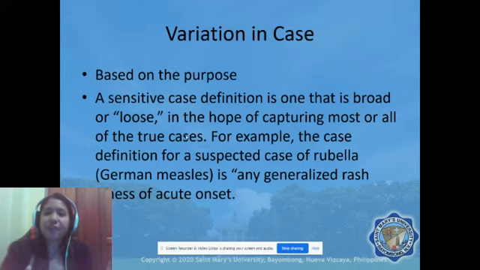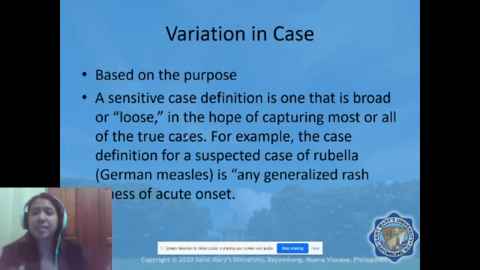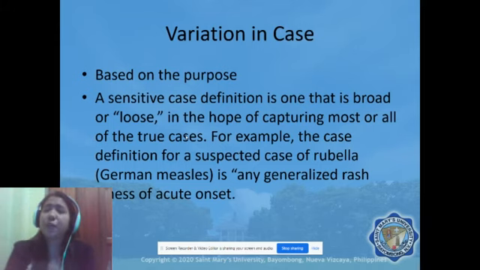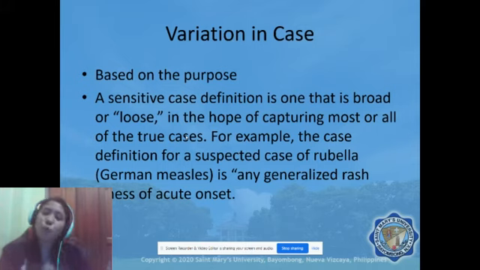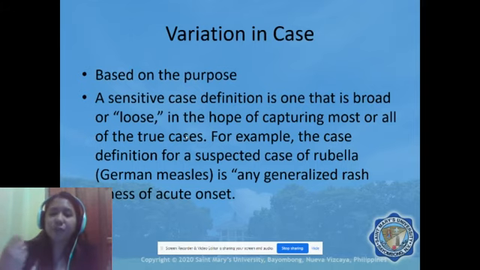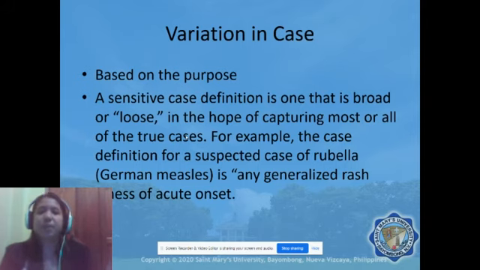For example, a case definition for a suspected case of rubella or German measles is any generalized rash illness of acute onset. If you give this definition, it is very broad, so it might include other rashes or other diseases or cases that have something to do with rashes. It is a broad definition.